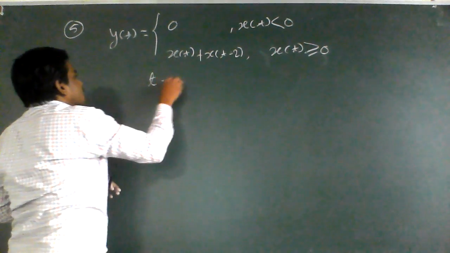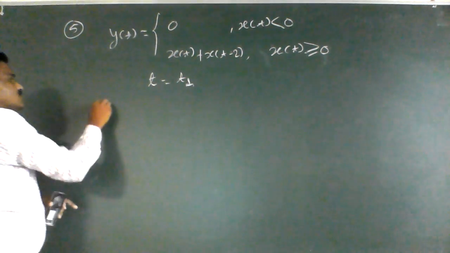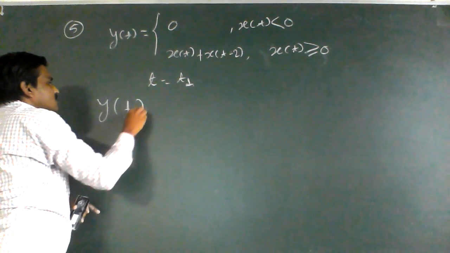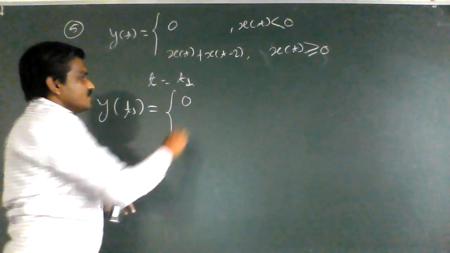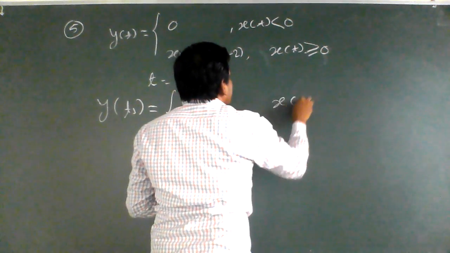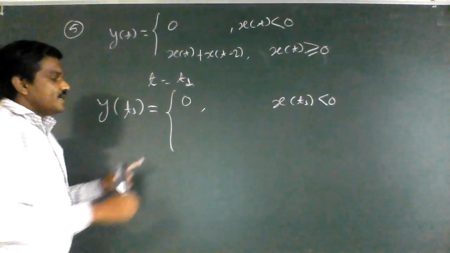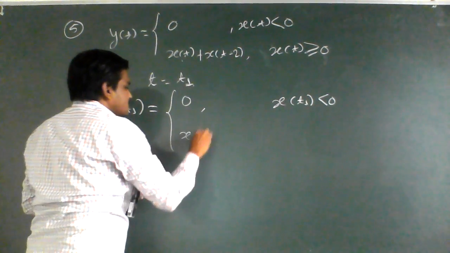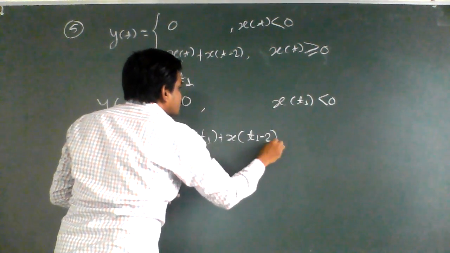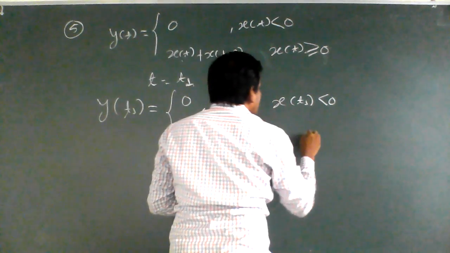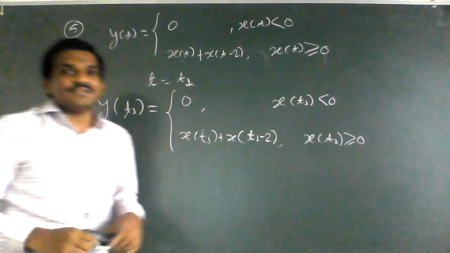At t equal to t1, we will find out the output, which is y of t1, which is equal to 0 for x of t1 less than 0, and it is equal to x of t1 plus x of t1 minus 2 for x of t1 greater than or equal to 0.